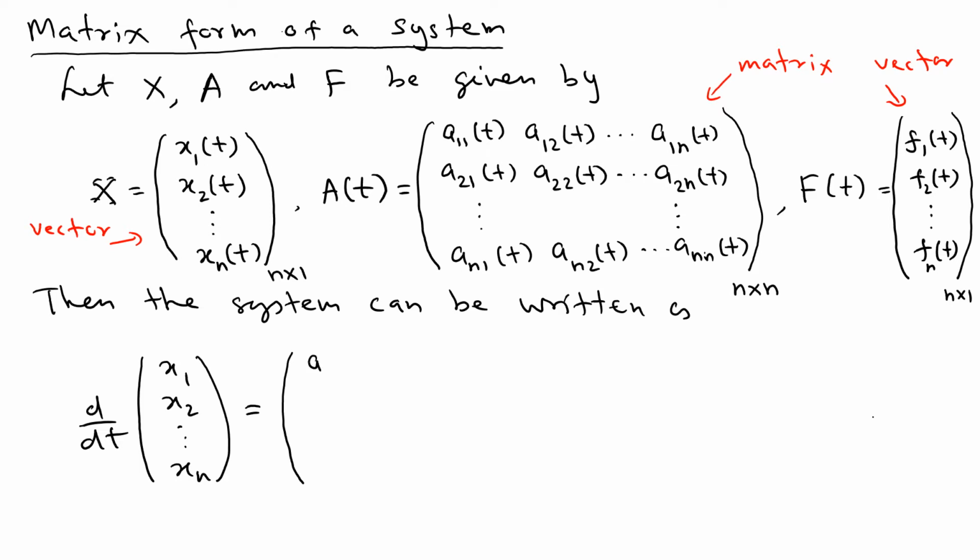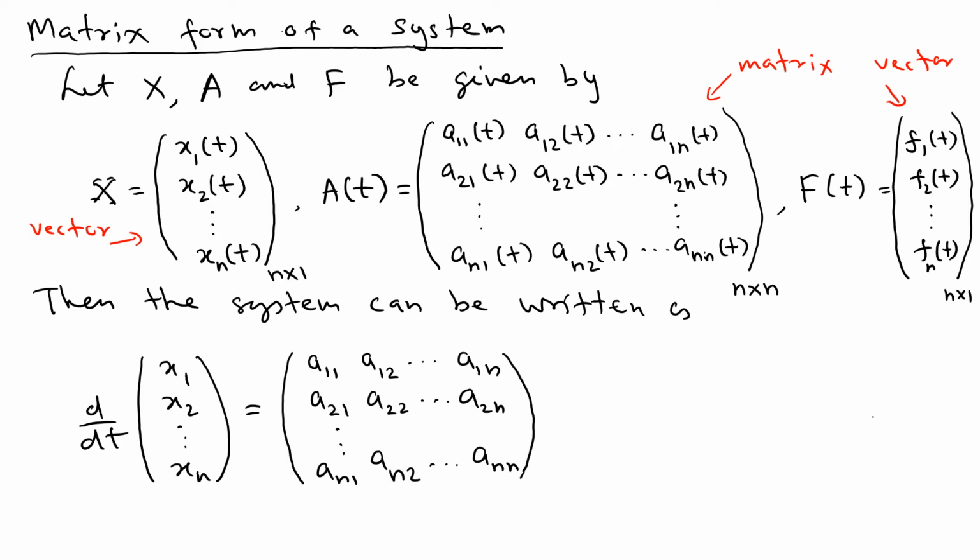We only write the coefficients here. These are functions of t. So we write a1n, then a21, a22, a2n, and then an1, an2, ann, like that. We put the coefficients in the matrix and then write the x as a column vector: x1, x2, xn.